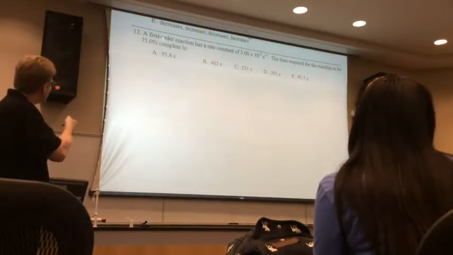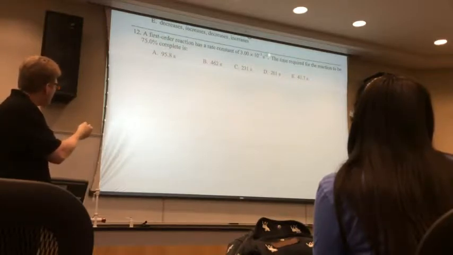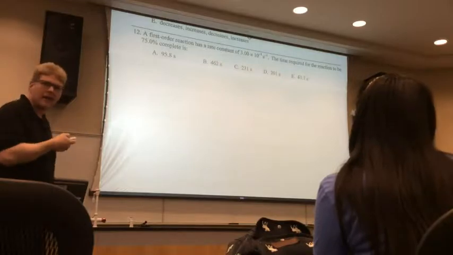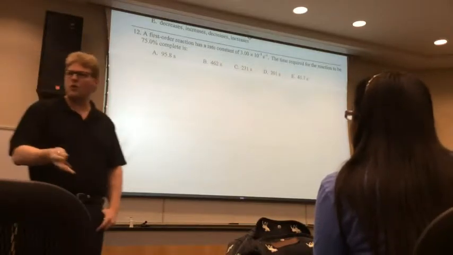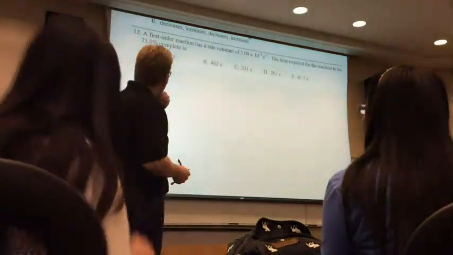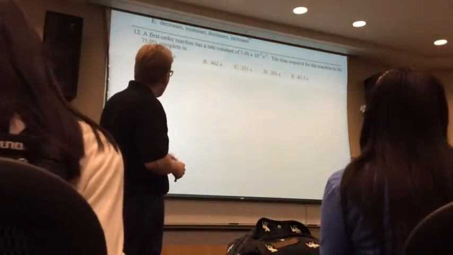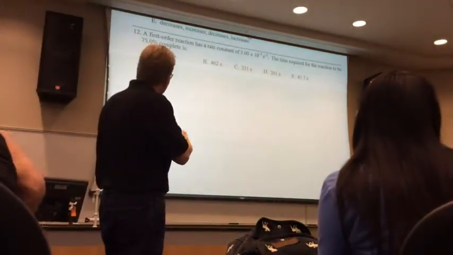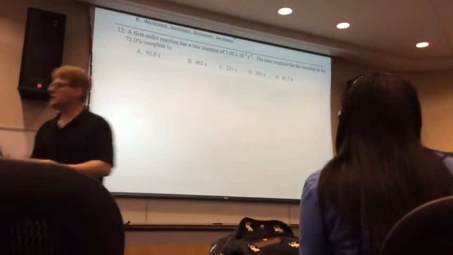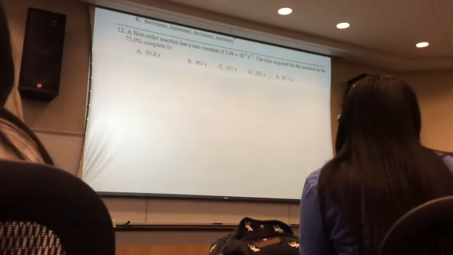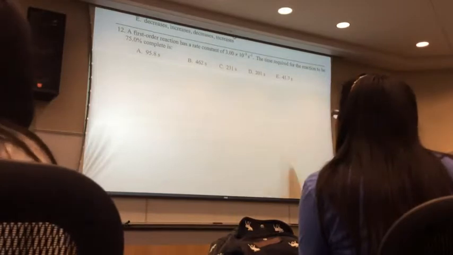Now we're told it's first order twice. You're told here, and you're told with the units on k. Both of those tell you first order. It's redundant. Only one of those was needed. And we want to know how long it takes for the reaction to be 75% complete. There's a couple different ways to approach this problem.